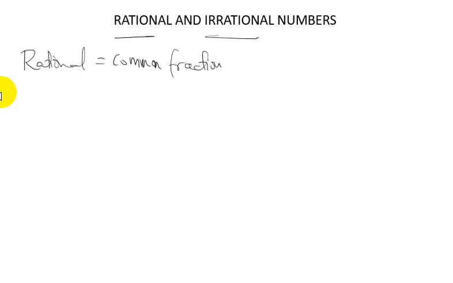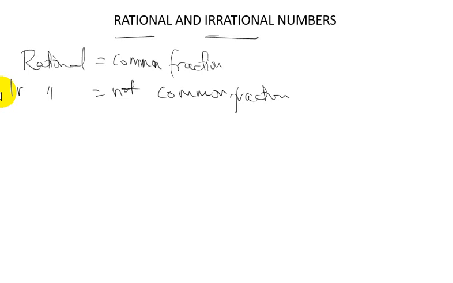Now, irrational numbers are not written in a common fraction. Okay, so let's take these two definitions. Rational numbers are numbers that are written in a common fraction, but irrational numbers are numbers that are not written in a common fraction.